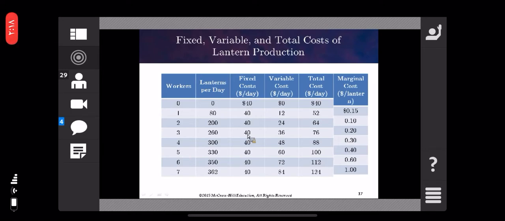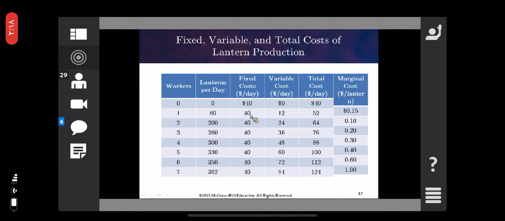The fixed cost is 40. Fixed cost means fixed. Like what? Like salary, like rent. Something that won't change. Maybe let's do it as a rent. Variable cost, تكلفة متغيرة, is the other type of cost beside the fixed cost.